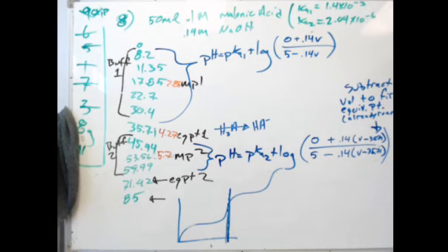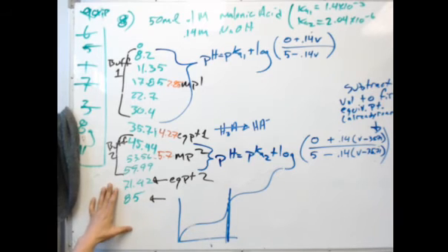Equivalence point 2, do I need to do equivalence point 2? There's a couple specifications I should make. This average pKa's works for any equivalence point between two midpoints. And we do the equilibrium table for the last equivalence point.